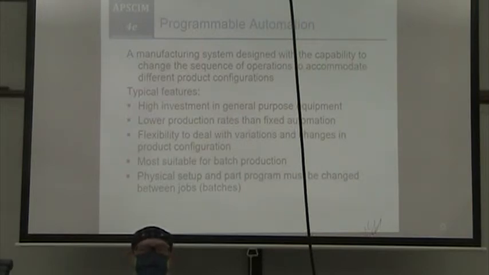All right, so again, we have high investment, even for our general purpose equipment. We have a lower production rate, but we have flexibility so that if we have variations in production or changes in the way the products are made, we can make that relatively easily.